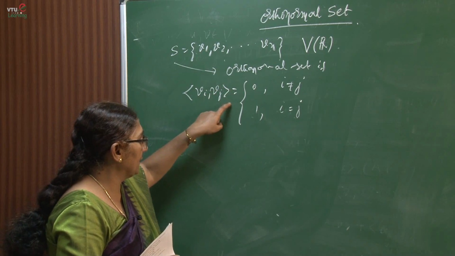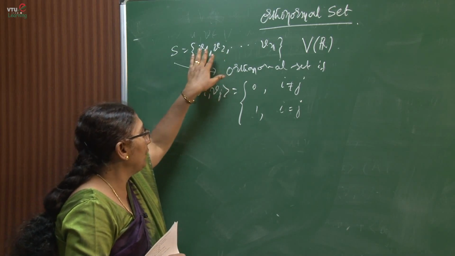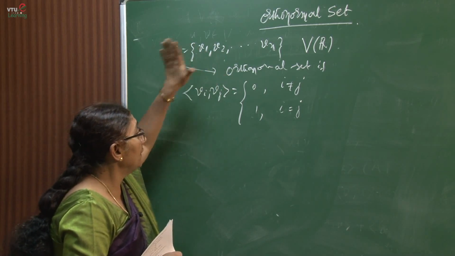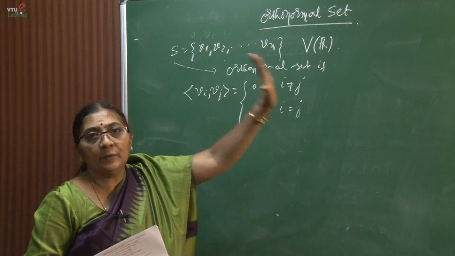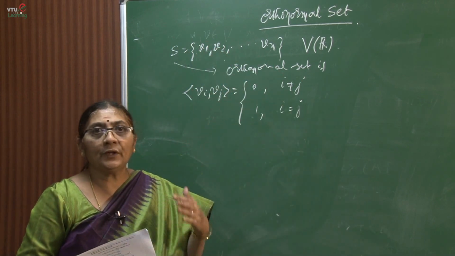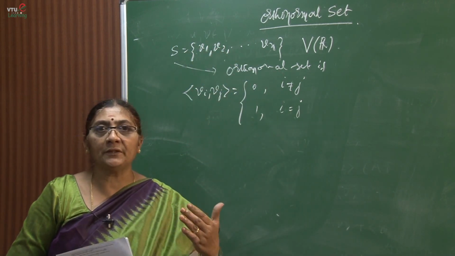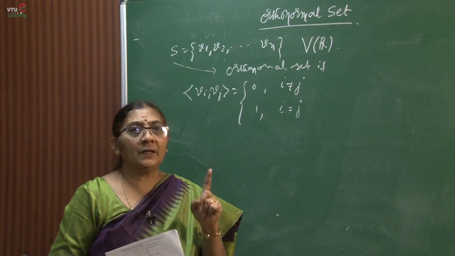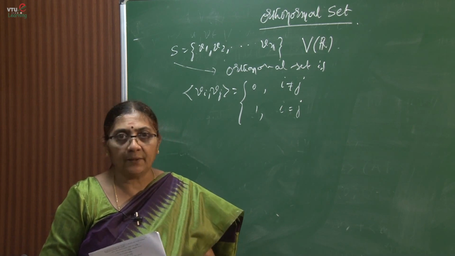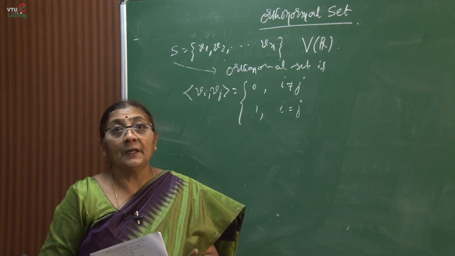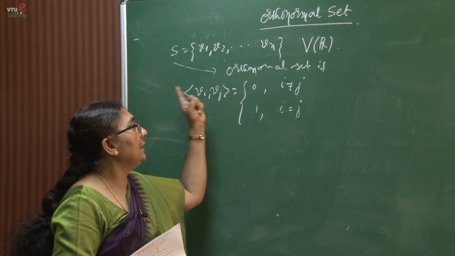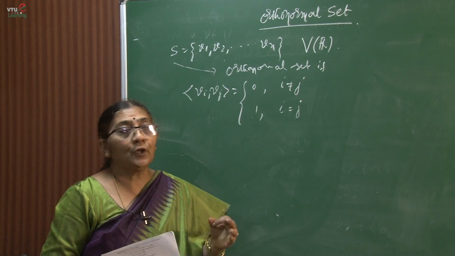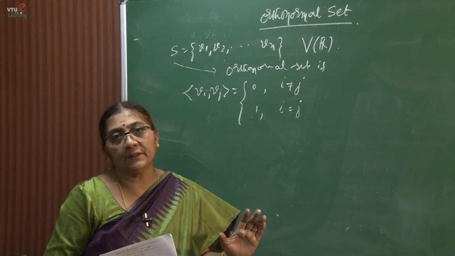Suppose these vectors are an orthonormal set of non-zero vectors, then these vectors form an orthonormal basis. What you know is that an orthogonal basis, the extension of that, is an orthonormal basis. Whenever you want to verify whether the given set of vectors is an orthonormal basis, it is enough to verify that the given set of vectors is an orthonormal set of non-zero vectors.